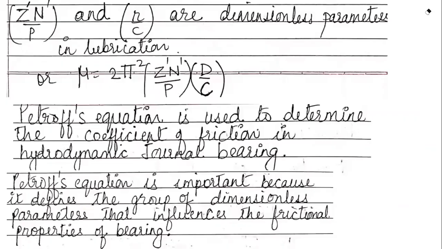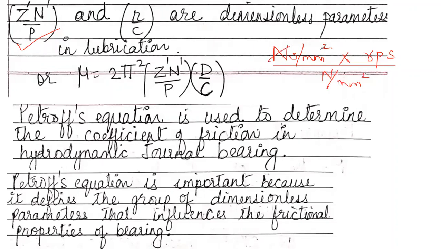Moving further, now, like I said, this z dash n dash upon p. Z dash is what? Absolute viscosity in Newton second per mm square. N dash is revolutions per second and p is pressure, right? So if I write down here the dimensionless number, z is Newton second per mm square into n, which is revolutions per second, divided by Newton per mm square.